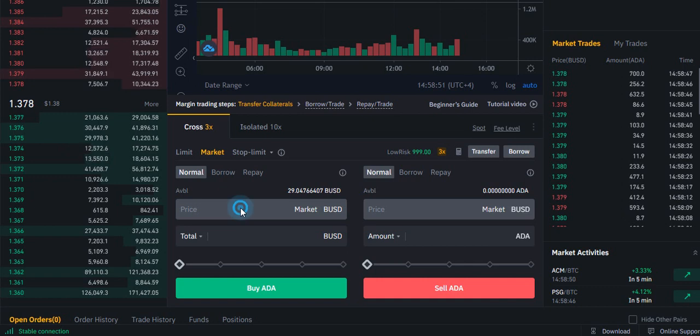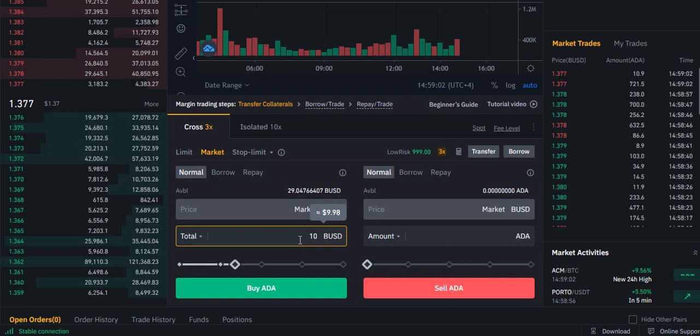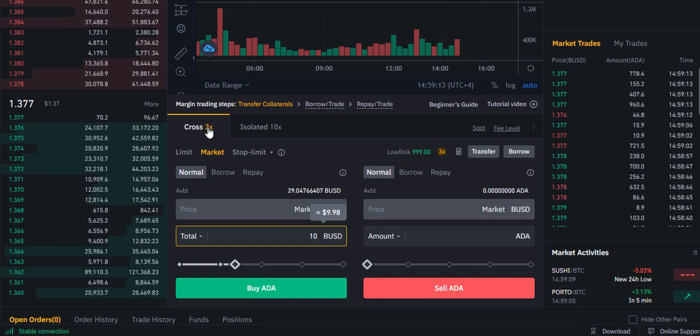Here I have to buy ADA with $10, approximately 9.9 at the current exchange price. I type 10, so I have to buy 10 USD, but with a cross margin of 3.